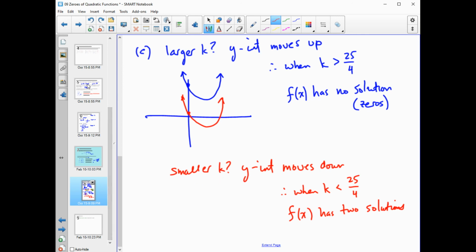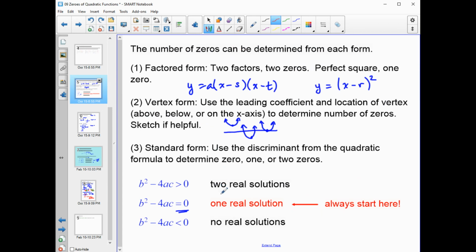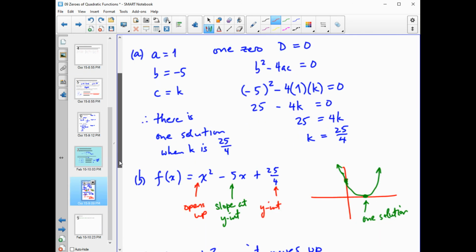I'm just going to jump back to a previous slide for a moment because I want to highlight something that I said before, and I want you to tie that in mentally to our example. That's why I say if you are being asked to make use of the discriminant in order to solve for something else, you want to start with it equal to 0, which is going to tell you about 1 real solution. And then you can illustrate your solution and figure out, as we did here.